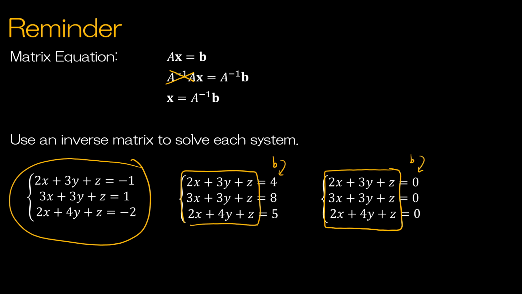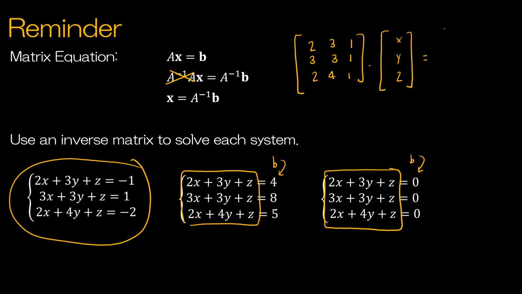But essentially what we're saying is let's rewrite this as 2, 3, 1, 3, 3, 1, 2, 4, 1 times x, which is x, y, z, or if it was written as x1, x2, x3, same thing, basically our unknowns, is equal to b.